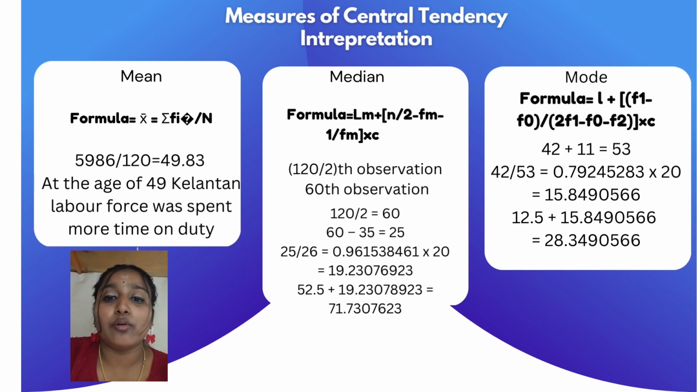The mean is the average of all data numbers, so the formula for the mean is x bar equals the sum of fx divided by n.